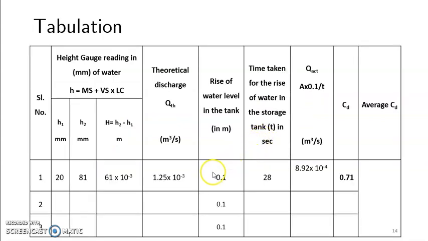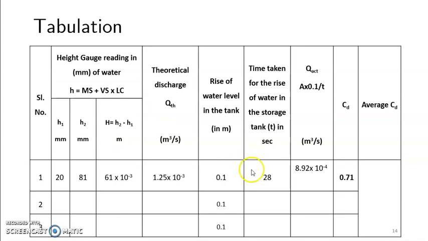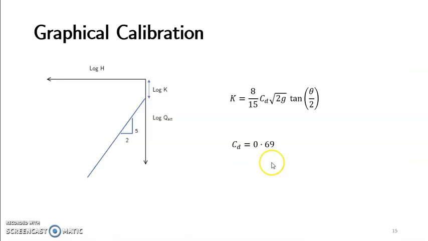What we got from the tabular column is 0.71, so almost 0.71 and 0.69 match. From this we can make the inference that the value of CD which we got by calculation and also graphically matches.